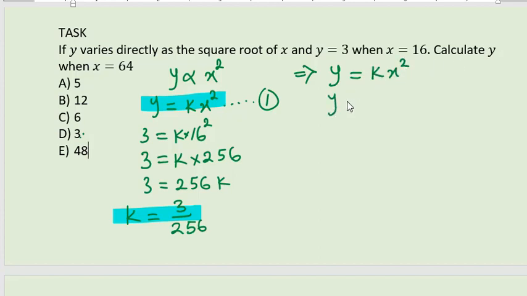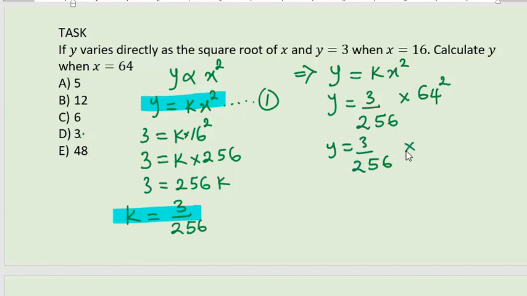So y is equal to k, which is 3 over 4, multiplied by the square root of x. Don't make the mistake of not adding the root, because it has a root. You have to add it in everything you are solving for.